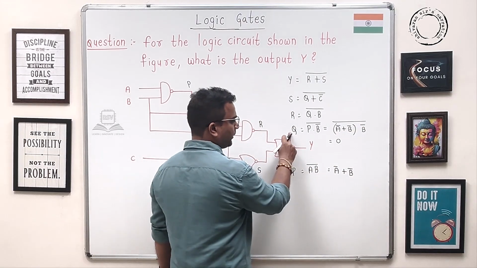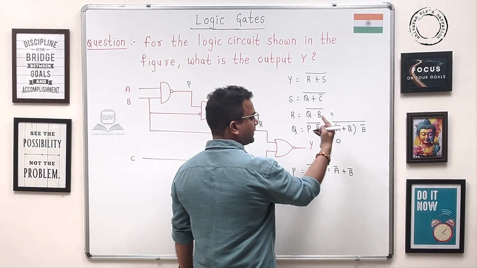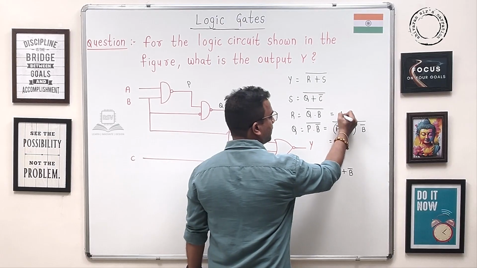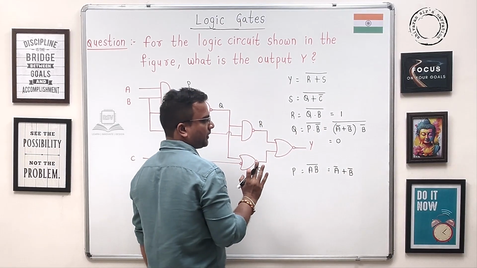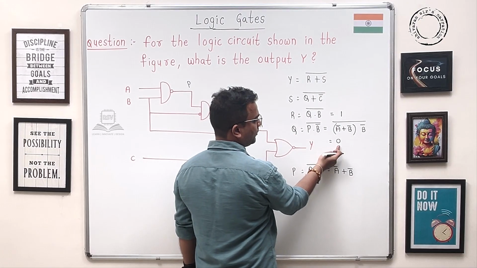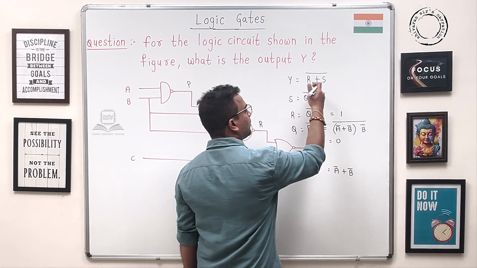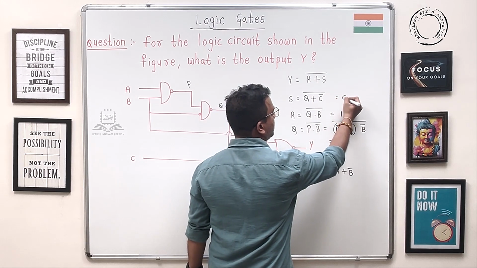Now if Q is 0, then what will R be, guys? It is (0 into B) whole bar, which is 0 bar, so R is 1. Similarly, what is S? Q is 0 plus C bar, (C bar) whole bar, which is C only.